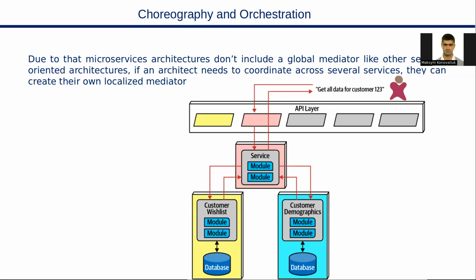In the orchestration option, because microservice architecture doesn't include a global mediator like other service-oriented architectures, there shouldn't be one. If an architect needs to coordinate across several services, they can create their own localized mediator. This is the role of the mediator, but generally we are talking about the orchestration process.